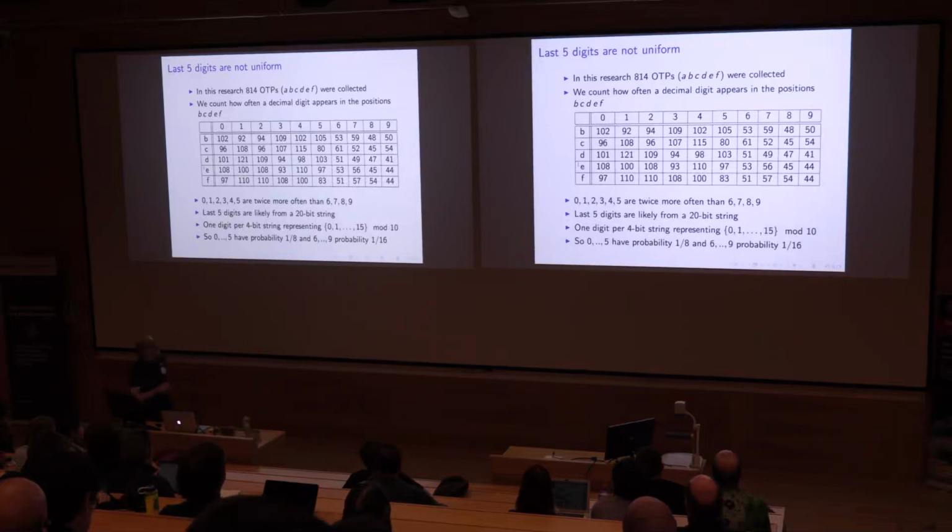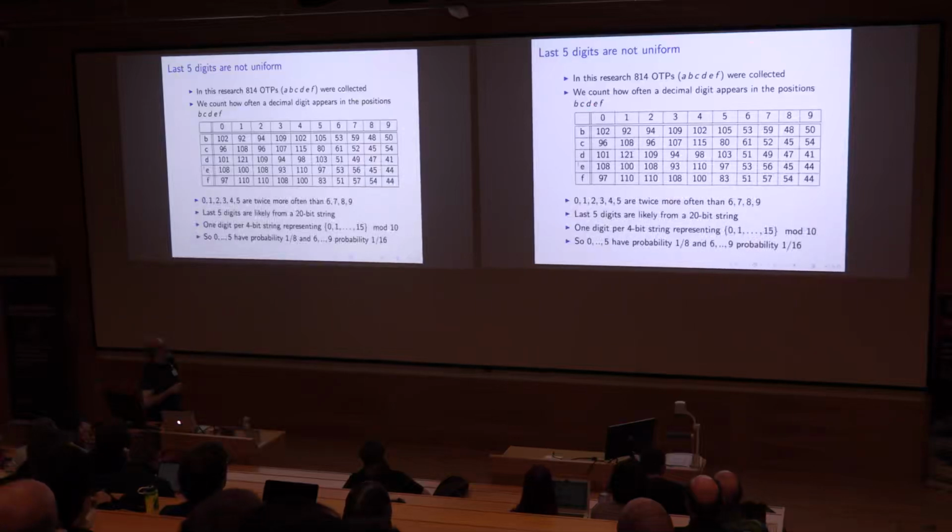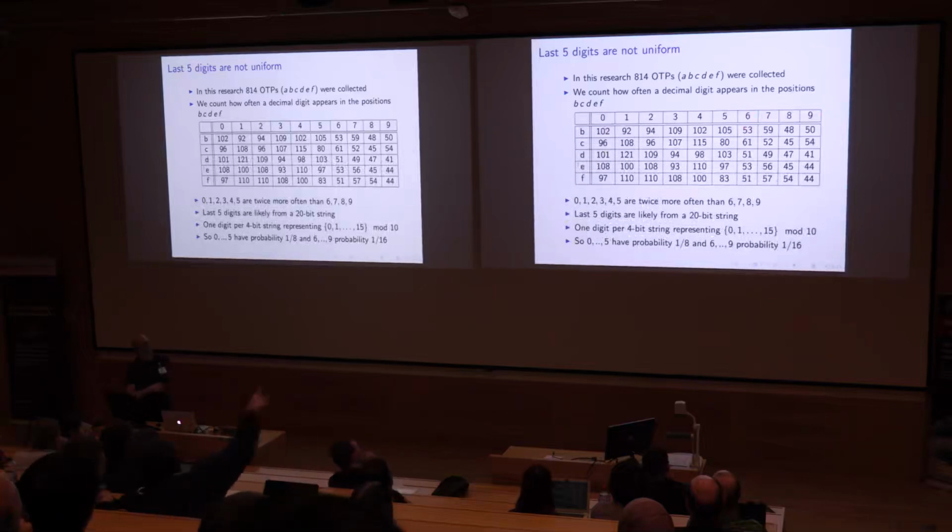Overall, in this research, I collected more than 800 OTPs. And I counted how often a decimal digit appears in the last 5 positions. Those positions are labeled B, C, D, E, F, and A is the leftmost digit. Look at the second position, labeled B. 0 appears about 100 times, and 1, 2, 3, 4, 5 about the same number of times. But 6, 7, 8, 9 appear twice less often.